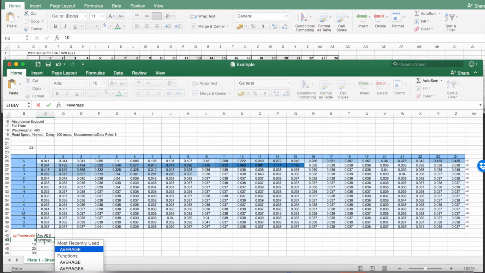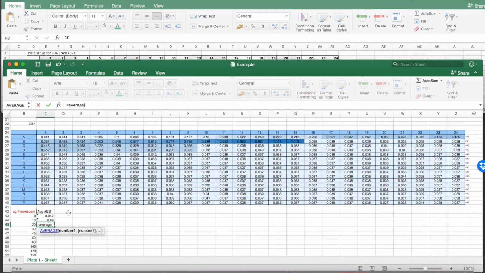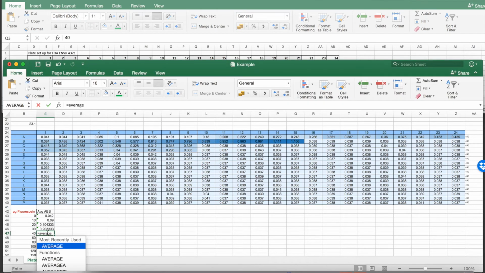Okay, so average, and then I select the three together, and then here average for the standards that received 10 micrograms of fluorescein, which is in this range, and then the next one should be 20, which should be in rows 7, 8, and 9, and average 10, 11, 12. 40 should be in 13, 14, and 15. 60 should be in 16, 17, 18.